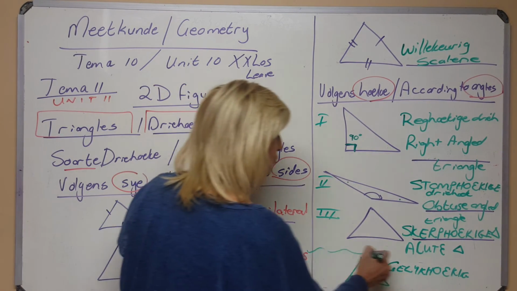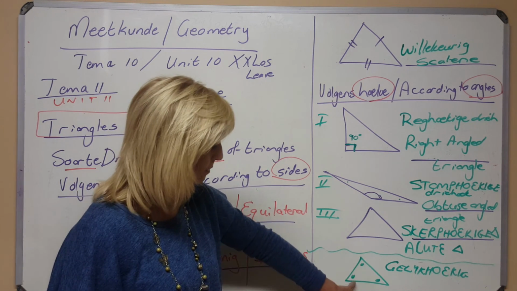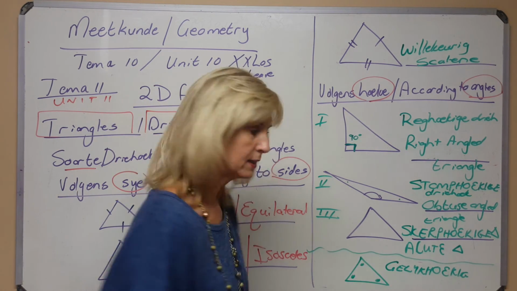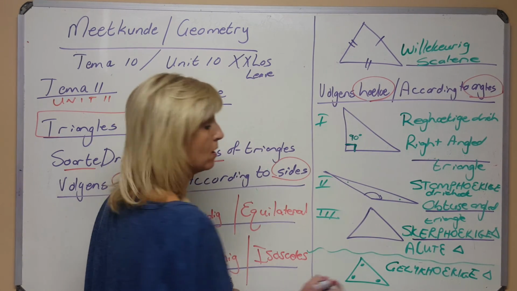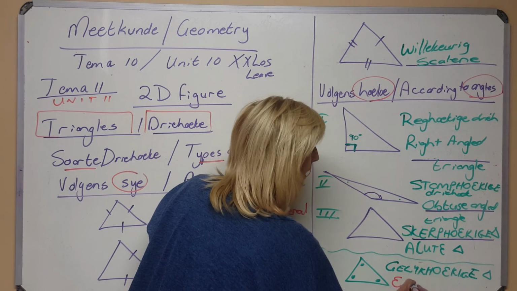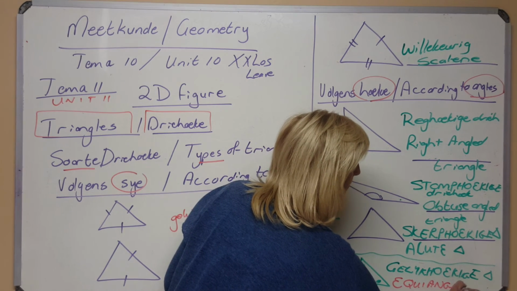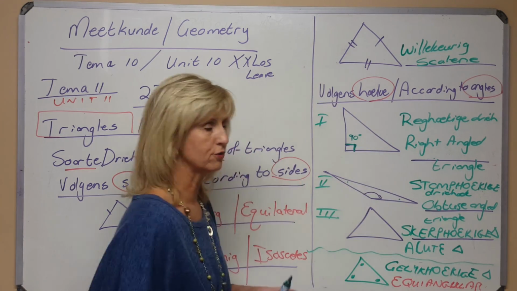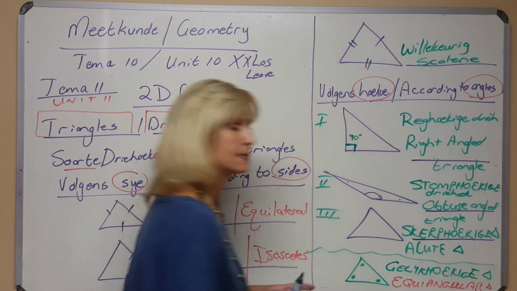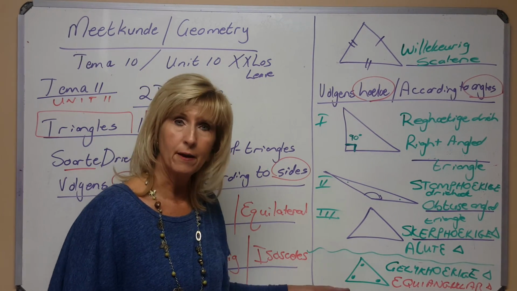But if they do speak about this, die woord sal sê, die hoeke is almal dieselfde, so dis gelykhoekige driehoek. And in English, if all the angles are equal, they speak about an equiangular triangle. That is something that you don't have to classify.